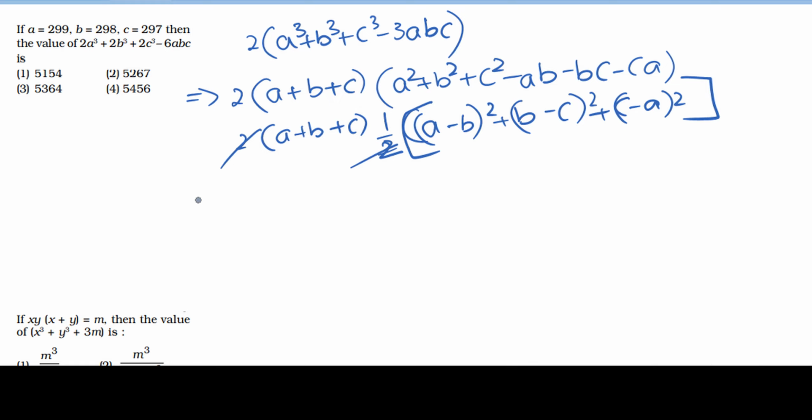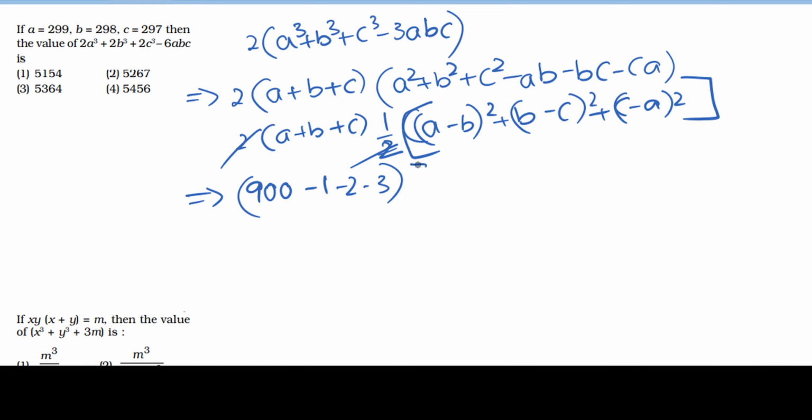So 2 gets cancelled. Then from here we can find a plus b plus c. 300 times 3 is 900, right? Minus 1 minus 2 minus 3, that is the sum of that.